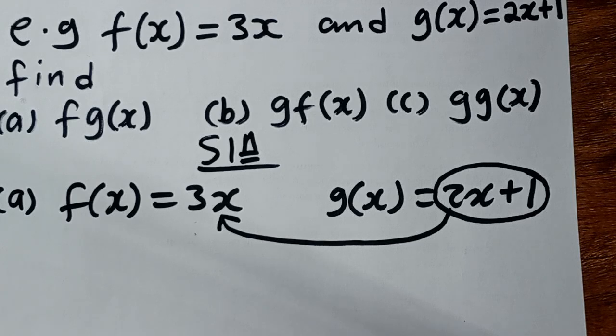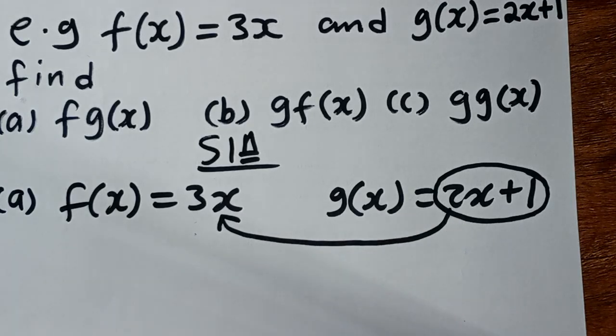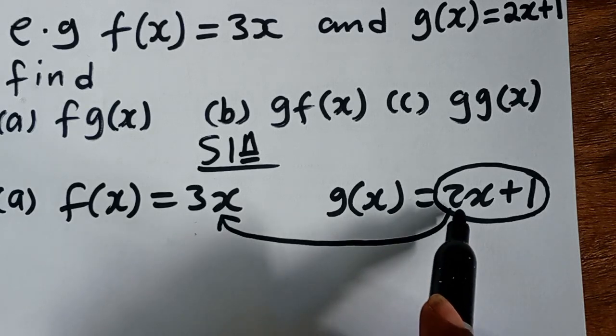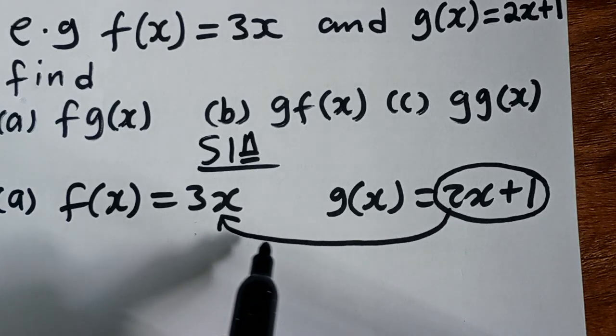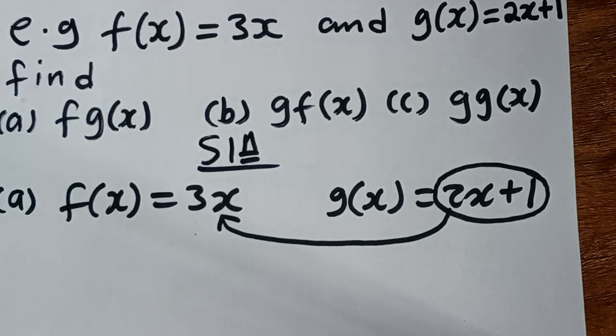I'll repeat again. When we've been asked fg of x, it means g of x will go into the f of x. It will be substituted where there is x in f of x.